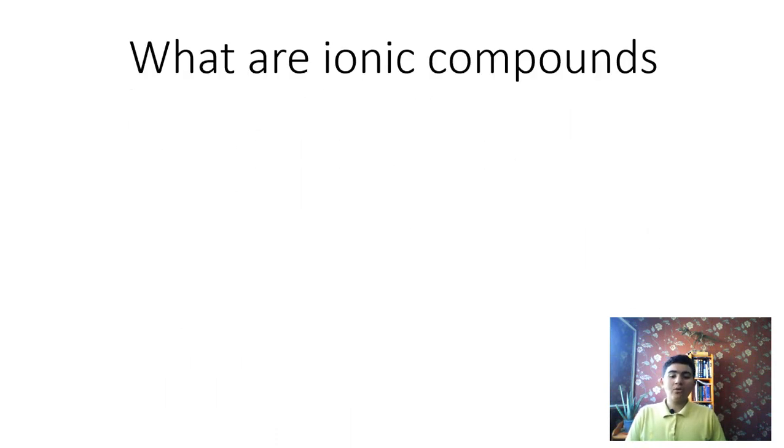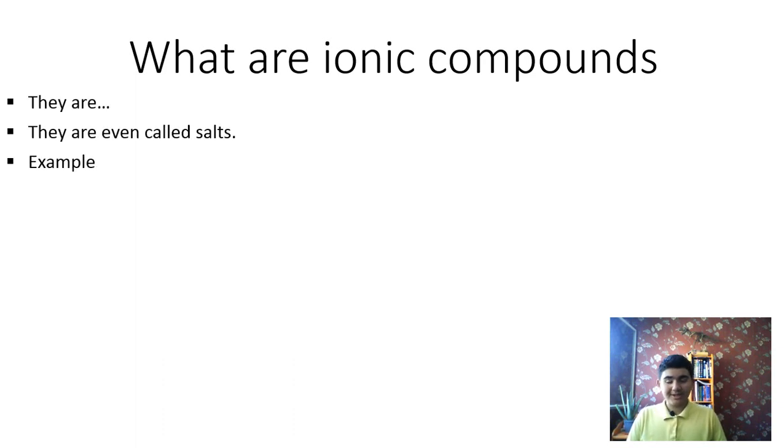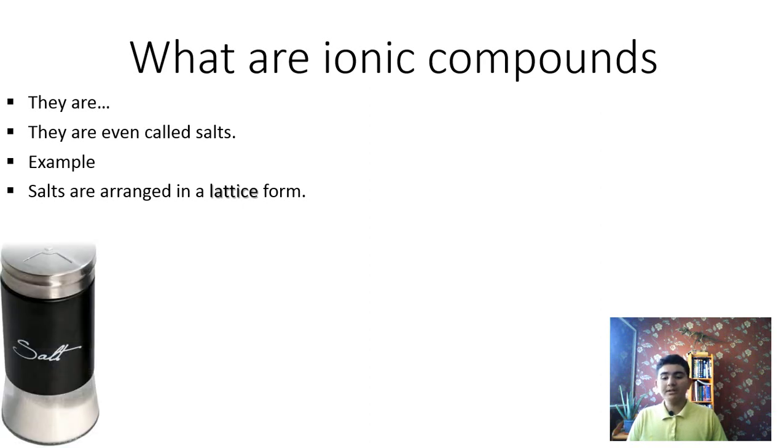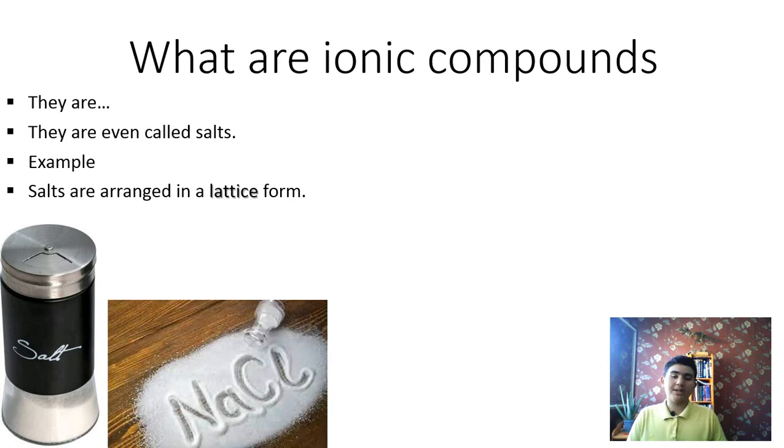Compounds that are formed by ionic bonds are called ionic compounds or salts. Yes, you heard me right, they are called salts. An example would be the compound sodium chloride, or as I told you, table salt.